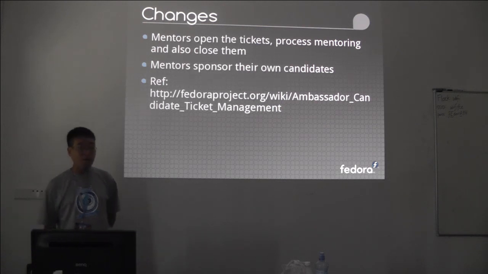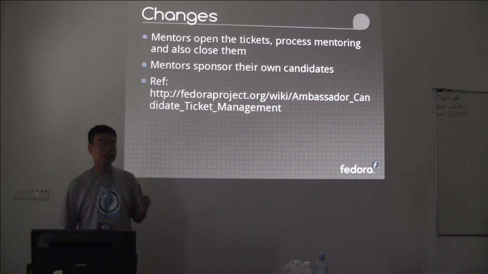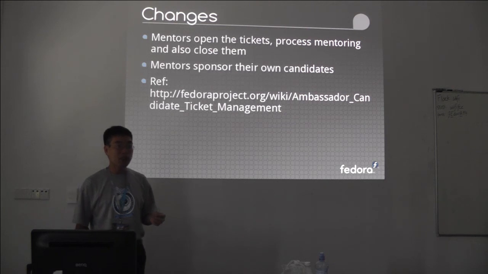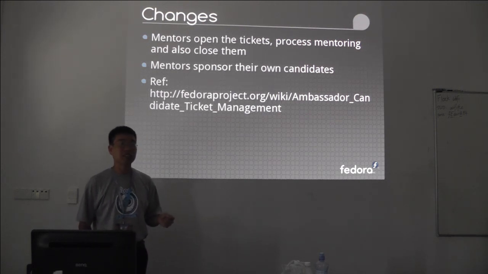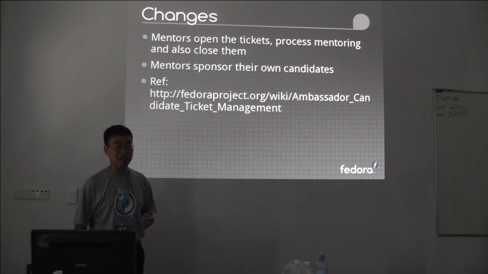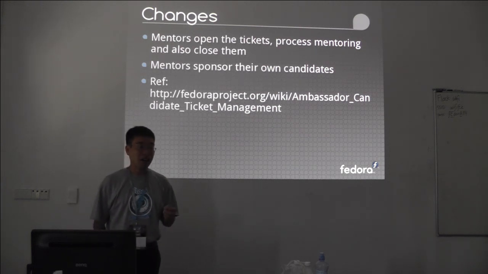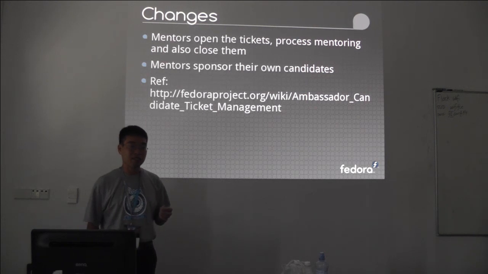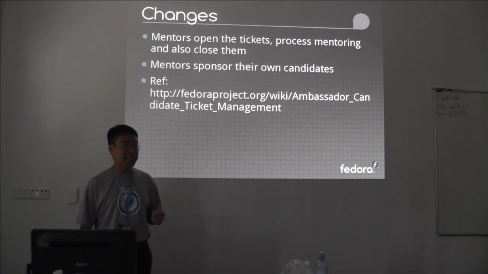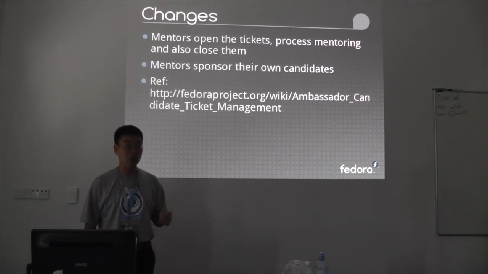When a mentor opens a ticket, they take their candidates, share information, check the information, and then at the end, the mentor approves that candidate to be a new ambassador.